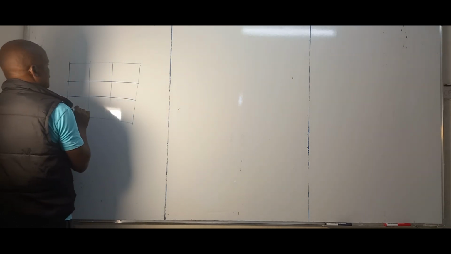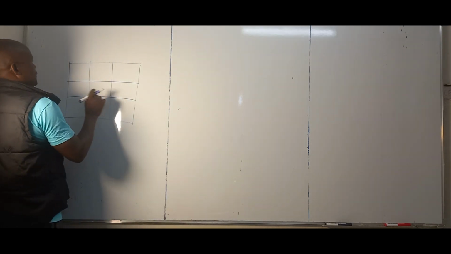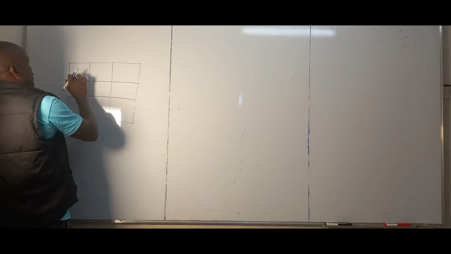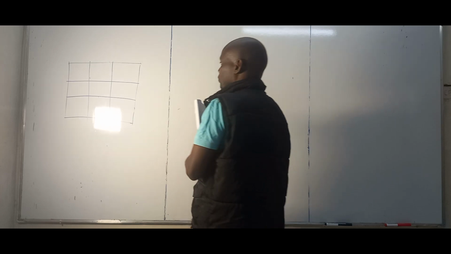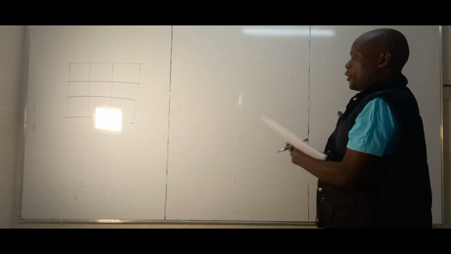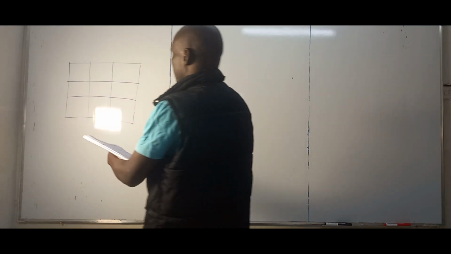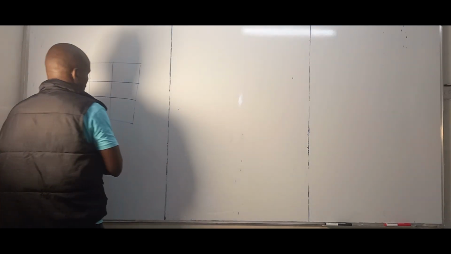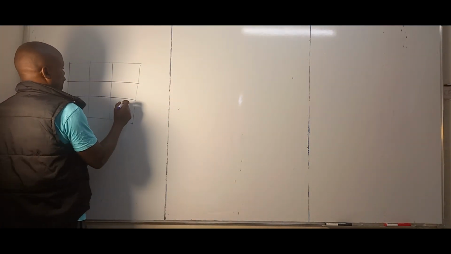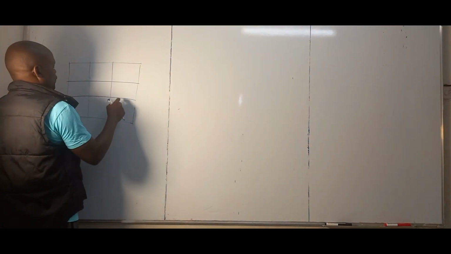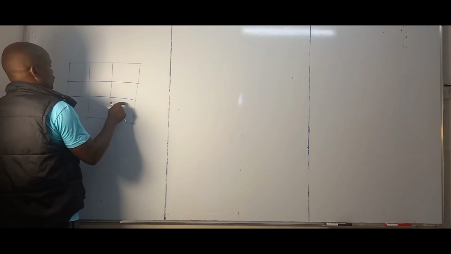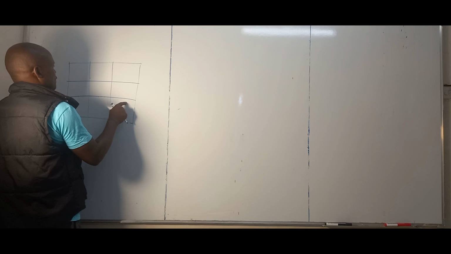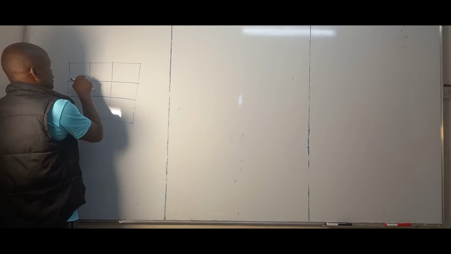I also have that. So these are 3x3, 1, 2, 3, 1, 2, 3. These are 3x3 grid. And we can name this, if we consider this to be, so what we would say is that we refer to this as the origin.